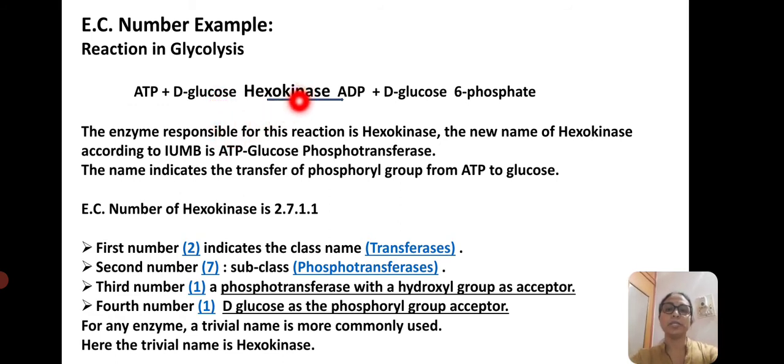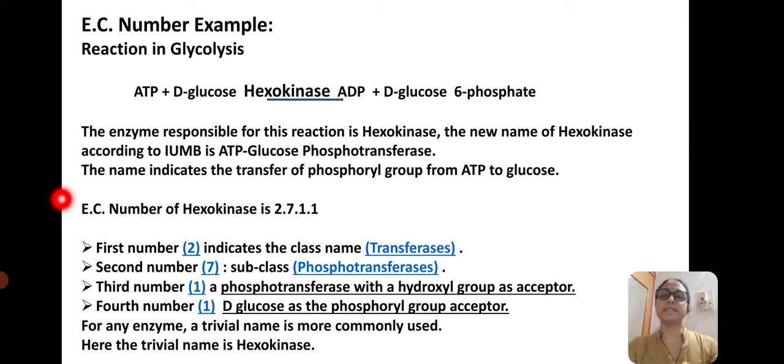The enzyme involved here is hexokinase. So hexokinase is a transferase enzyme, which belongs to the class transferases. According to the IUPMB system, the name of this particular enzyme is ATP glucose phosphotransferase. This is the complete technical name of this hexokinase enzyme.